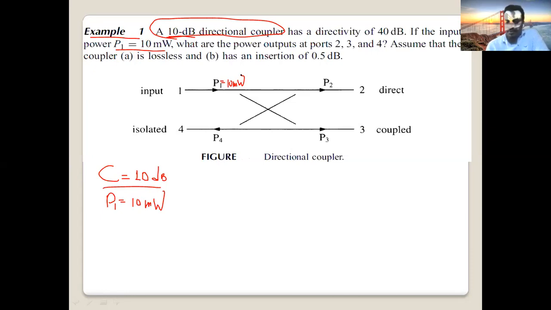Now we are asked, assume this coupler has no insertion loss, no attenuation, so assume it is lossless. How much power is P2? How much power goes to port 3? How much power goes to port 4?